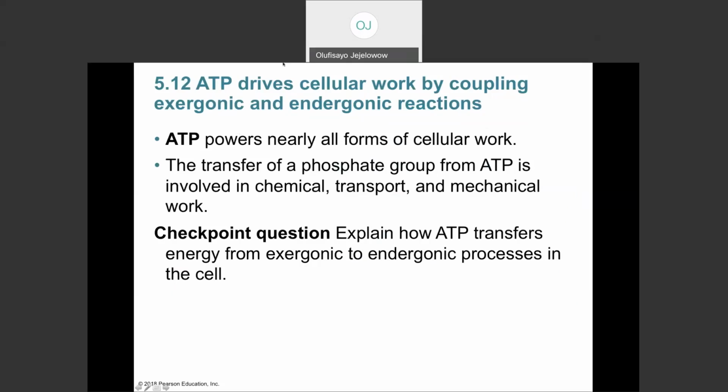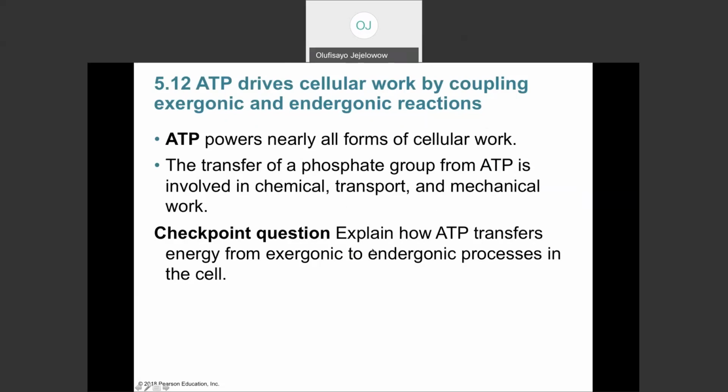So ATP powers nearly all forms of cellular work, and it does this by phosphorylation. The transfer of a phosphate group from ATP is used. It is involved in the chemical, transport, and mechanical work. So all of the forms of work that take place in the cell, chemical work, transport work, and mechanical work, involve phosphorylation by ATP. So the ATP molecule is recycled in the cell.